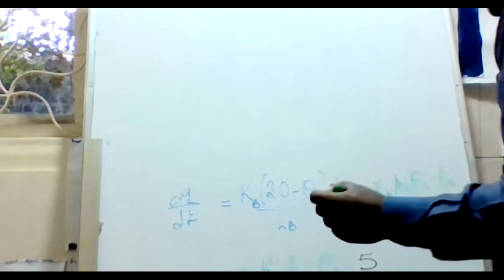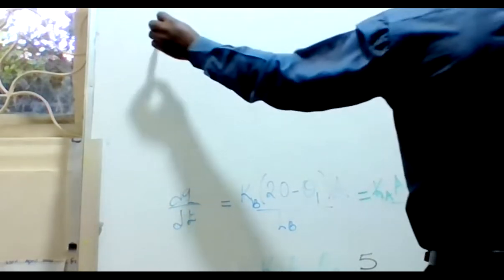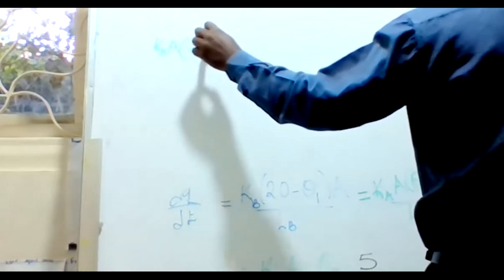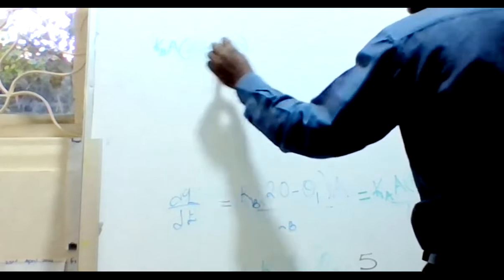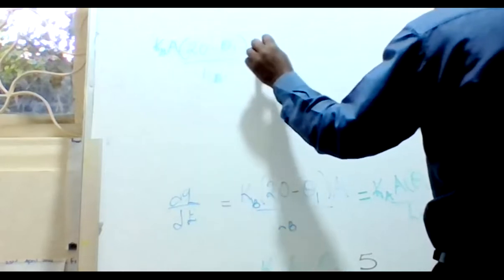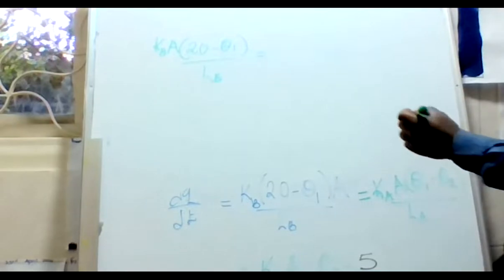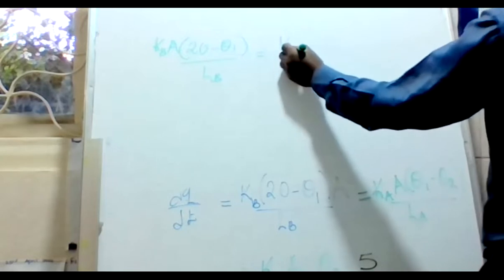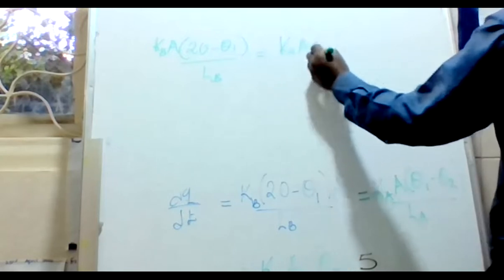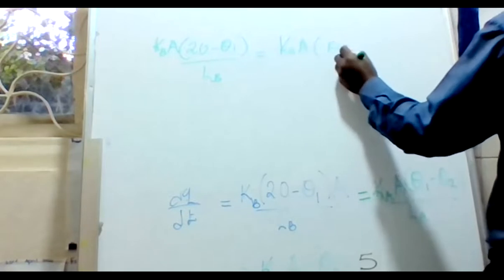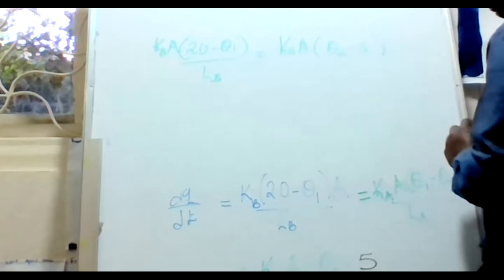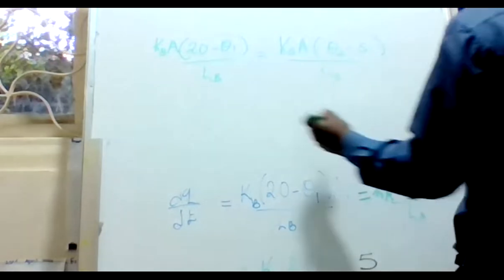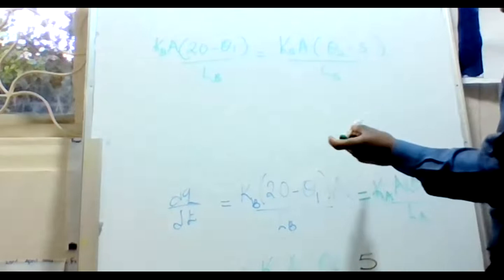This will be equal to, if I treat the first and the last, K BA times the temperature gradient 20 divided by LB, which is equal to the last equation, which is KB A times (θ2 minus 5) divided by again LB.